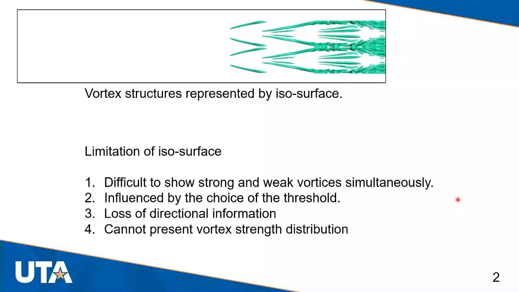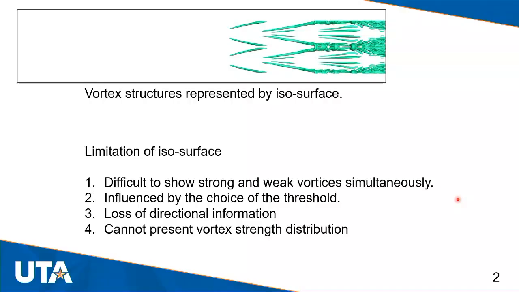But if you pick a high threshold, this part of the vortices cannot be shown because they are too weak. But if you pick a too weak threshold, you can see these structures, but the later part will become not clear. And also the second limitation: the isosurface is influenced by the choice of threshold.